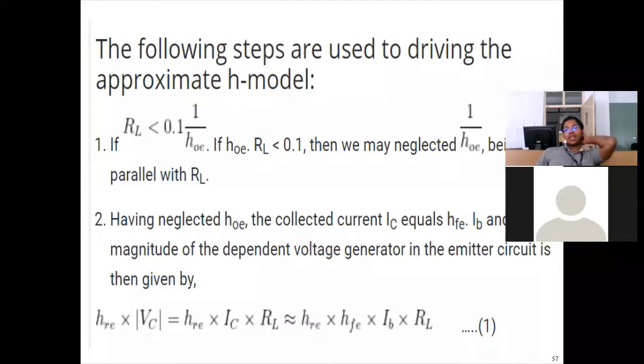One of you please try, use a calculator, anything. What is the equivalent of two resistors in parallel? R1 into R2 by R1 plus R2. So 100 kilo ohm in parallel with 1 kilo ohm, what will that be? 100 into 1 divided by 100 plus 1. So what will that be?